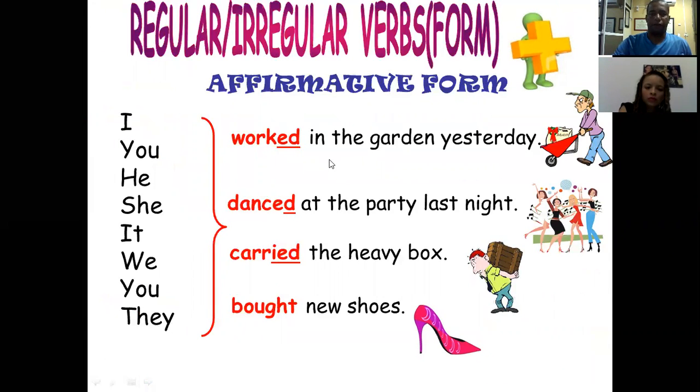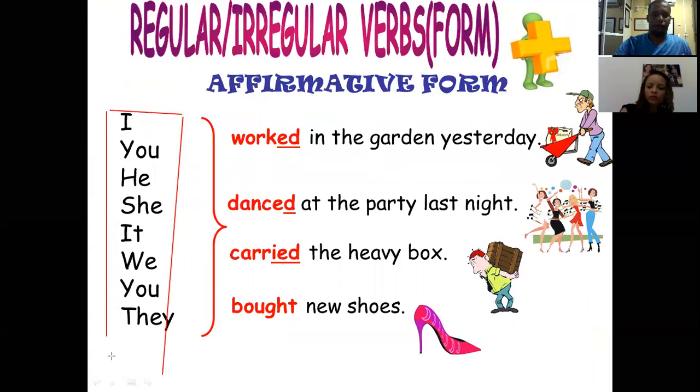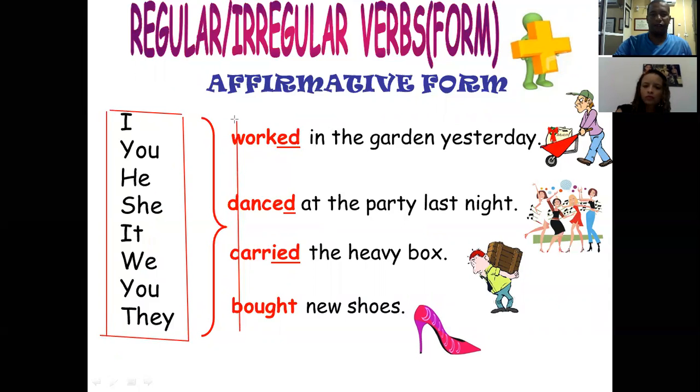For affirmative form, you must write at the beginning of the sentence the subject, followed by the verb in simple past form. ¿Ok?